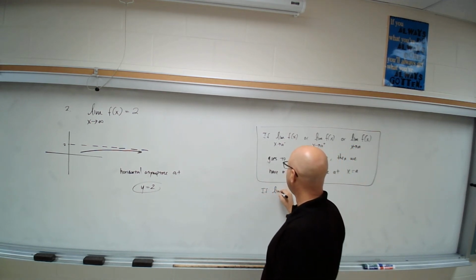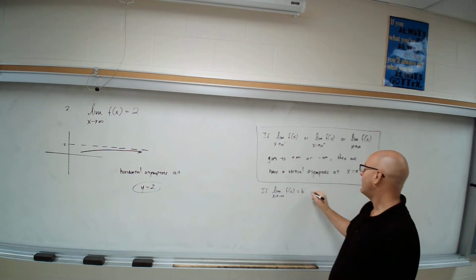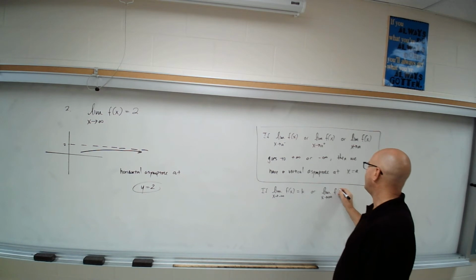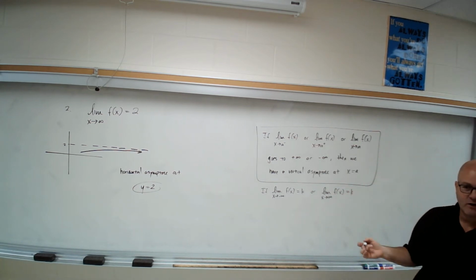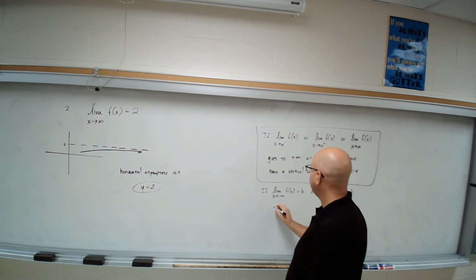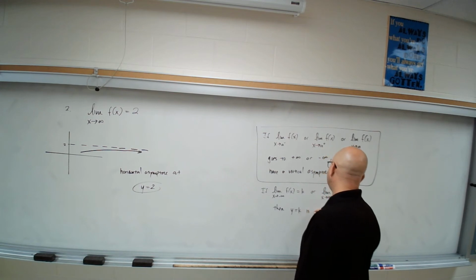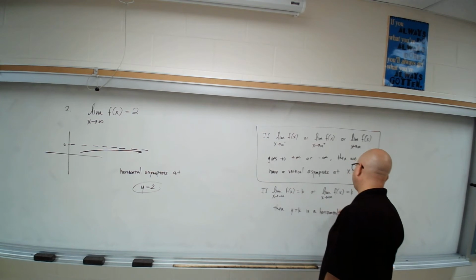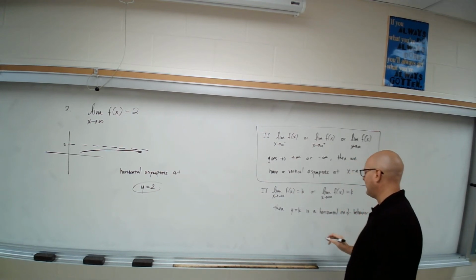if the limit as x goes to negative infinity of f of x equals a constant, or the limit as x approaches infinity of f of x equals a constant, I guess I could put plus infinity also, then y equals k is a horizontal end behavior asymptote.